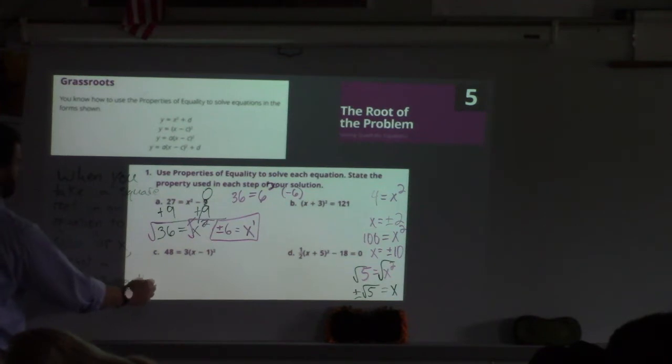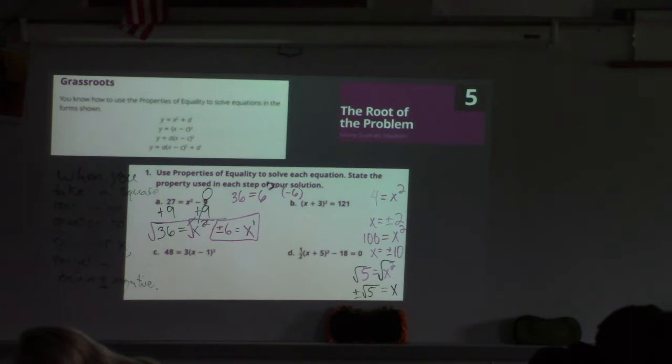Every time. You gotta recognize and remember, when you take a square root to solve an equation, you get both a positive and a negative.